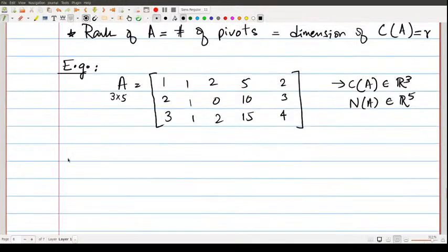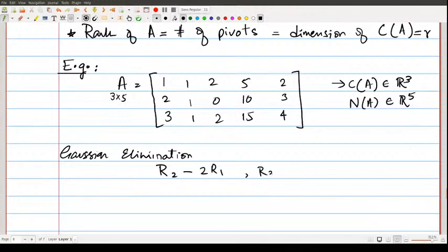Let's do Gaussian elimination. The reason I'm doing Gaussian elimination is to use the fact that the rank of A, which is the number of pivots I get, is the same as the dimension of the column space. I need to do R2 minus 2 times R1, and R3 minus 3 times R1.